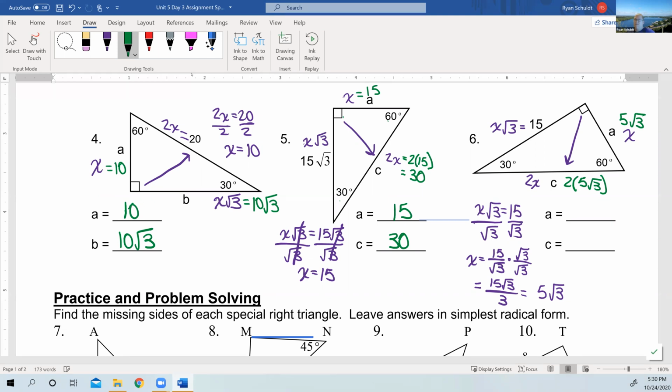Well, what is 2 times 5? 10 square roots of 3. We know all the sides now. So let's see what it says. It asks for A. A is equal to 5 square roots of 3. C is equal to 10 square roots of 3.